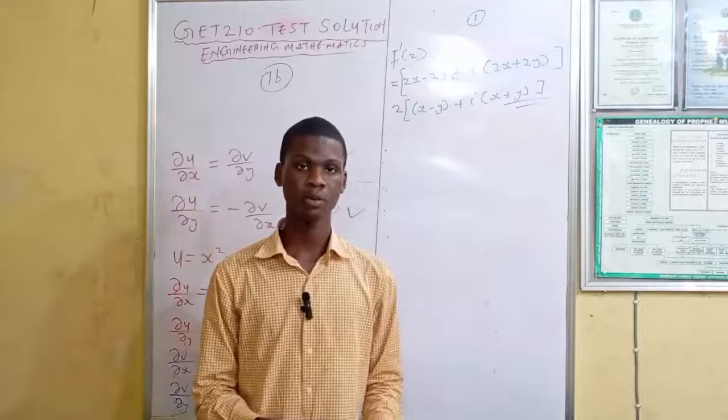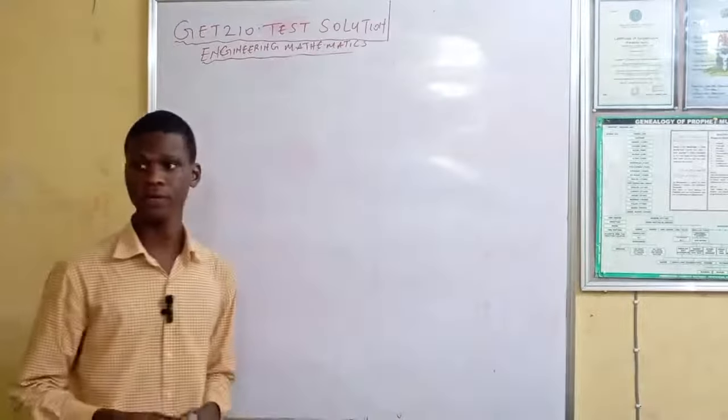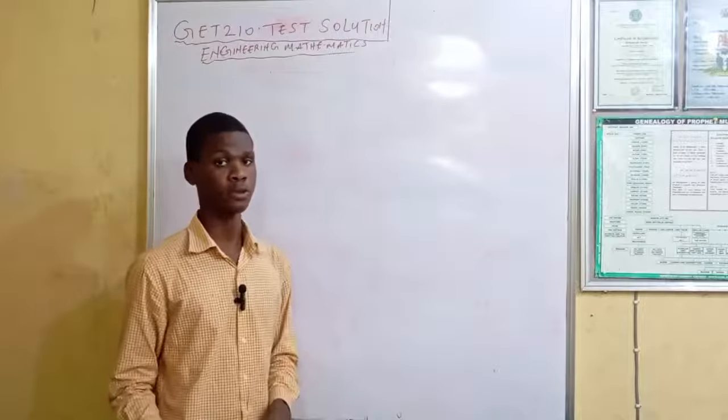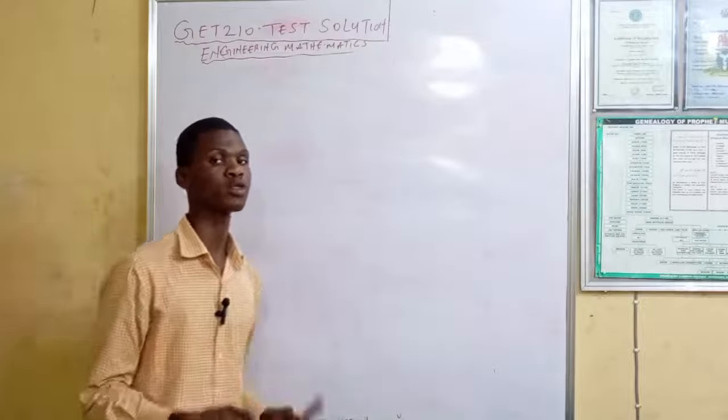Let's take another example. The question says: given a complex function. Why am I given a complex function? Because my function under the Cauchy-Riemann equations must be in the form of a complex number.